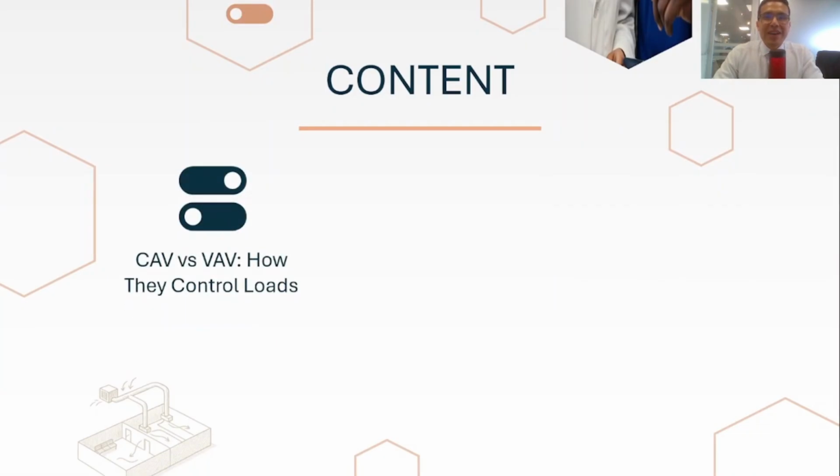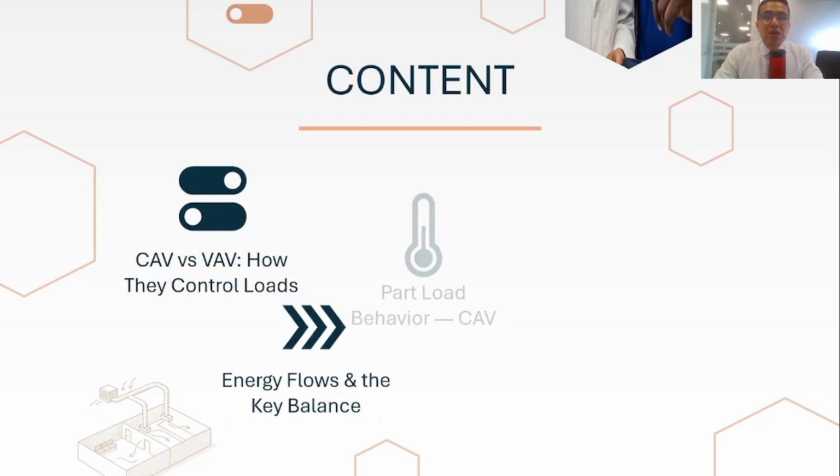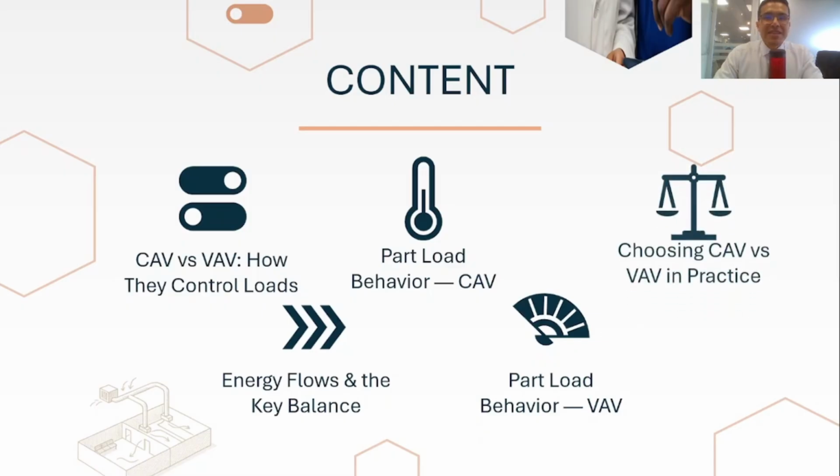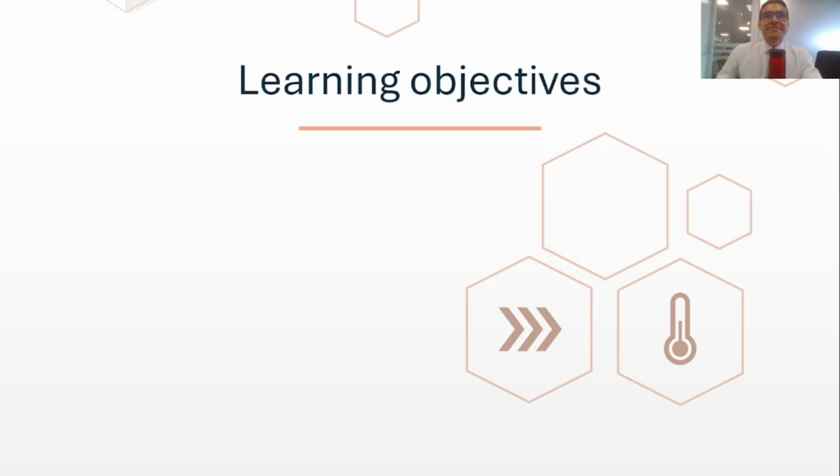First, the control logic of CAV and VAV. Then the energy balance that governs system behavior, followed by part load traits for each system, and finally selection guidance grounded in load variability and ventilation requirements.